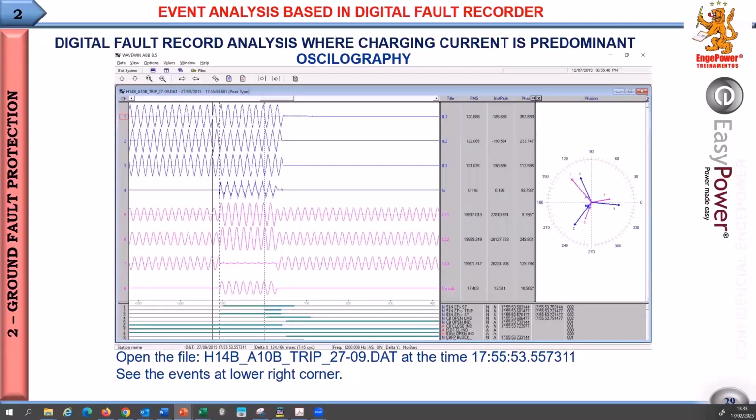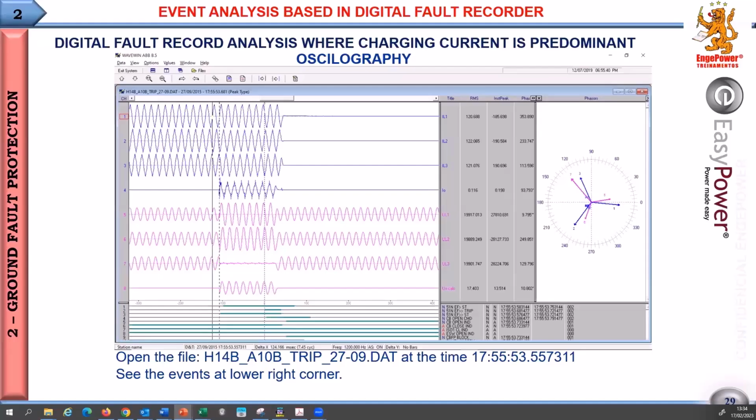this is the digital fault recorder that we use in a training we have here to analyze digital fault recorders. So I positioned the cursor before the fault. The first 4 lines are the phase A, B, C, and 0 sequence current.